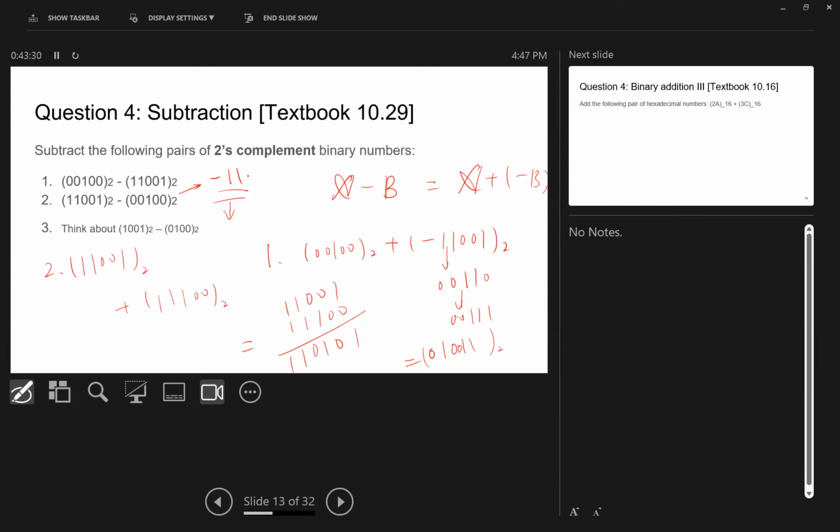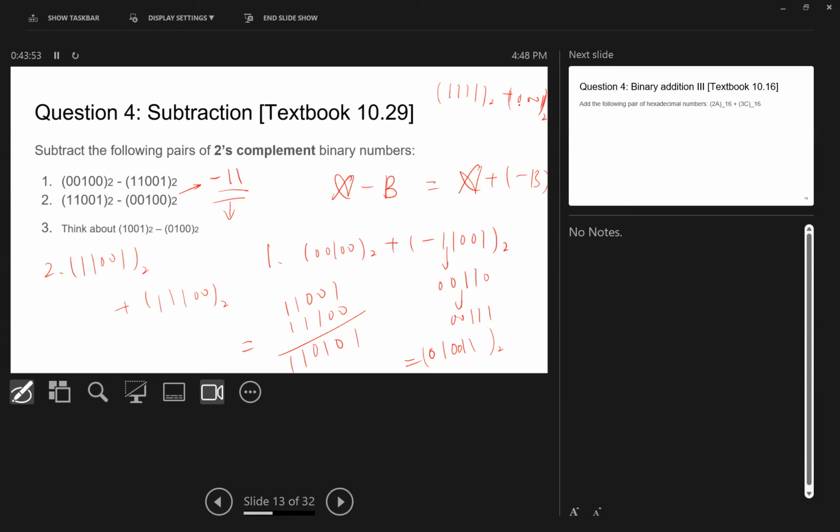Why? For example, let's say we are going to do an addition for 1111 in 2's complement plus 0001 in 2's complement. The result should be what in 2's complement?